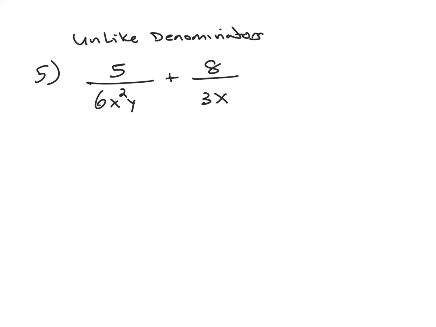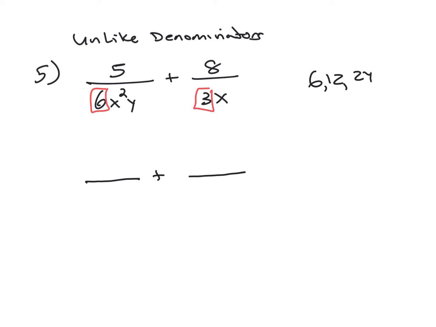So notice this one, we do not have common denominators. And this one is hard to explain, but basically do it underneath, and we have to come up with common denominators. So let's look at the 6 and let's look at the 3. We want to have a coefficient where 3 can go into that number and 6 can go into that number. So for an example, it could be 6, it could be 12, it could be 24, right?